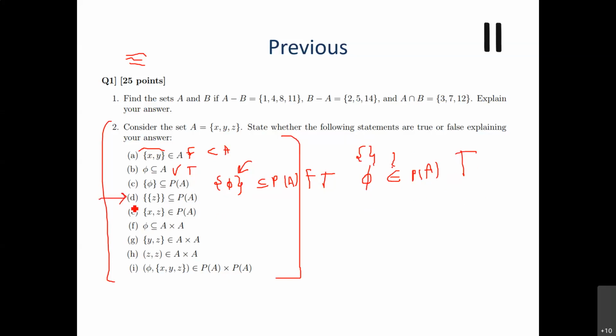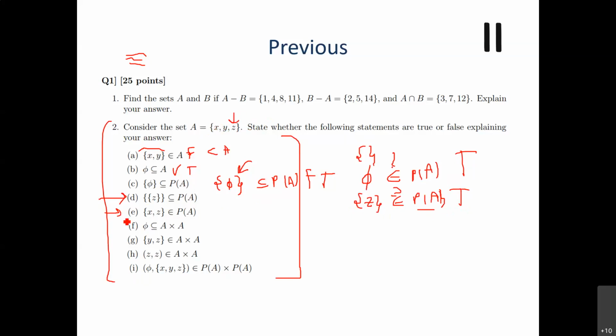Part D. The set containing the set Z is a subset of P of A. So again, what does this mean? They're saying, does the set Z belong to the power set of A? Yes, it does. Since Z is an element of A, then the set containing Z is going to belong in the power set of A. True.